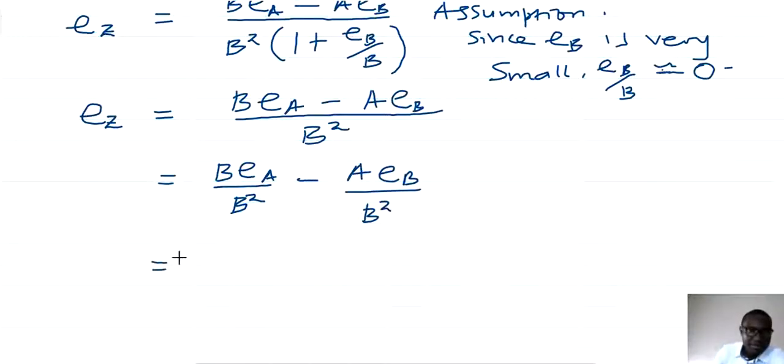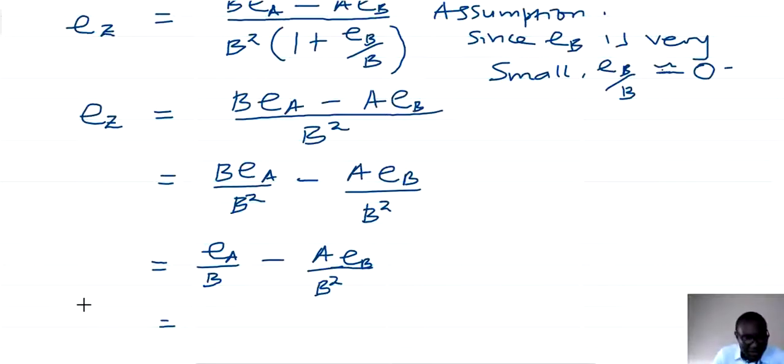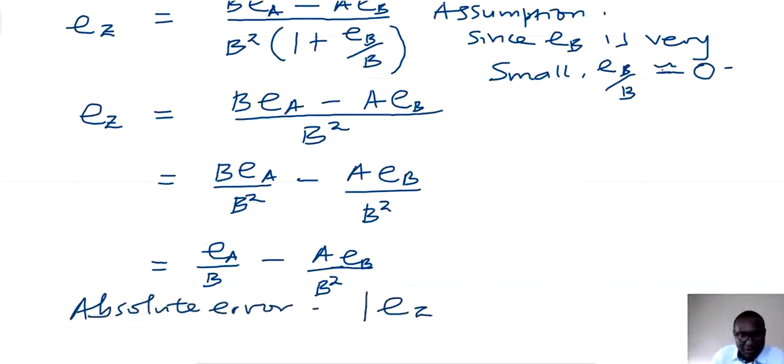Okay, so right after there, this can reduce and we have error A all over B minus A all over B squared, of course, here error B. Okay, next I'm going to take the absolute error on both sides. We shall have the absolute of EZ is equal to the absolute of this side, EA divided by B minus capital A error B divided by B squared.